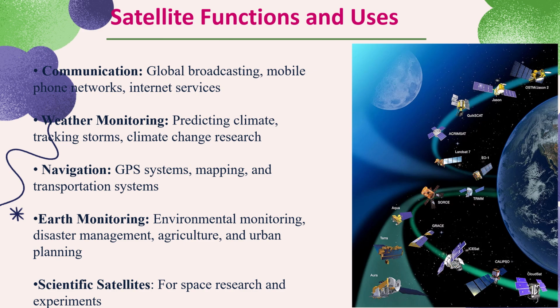There are five main uses of artificial satellites: communication, weather monitoring, navigation, Earth monitoring, and scientific research. First, communication satellites. The communication satellites are mainly used for global broadcasting, mobile phone networks, and internet services.